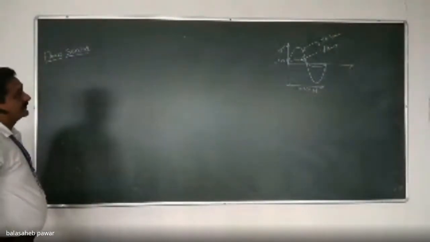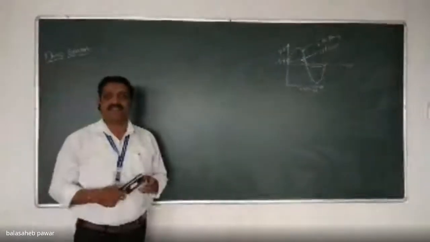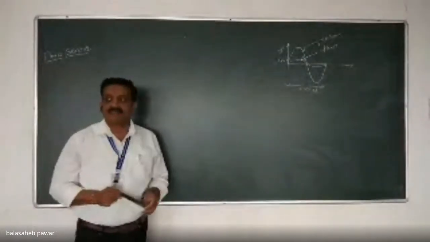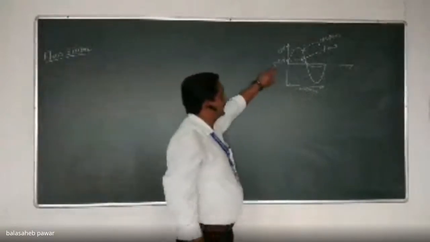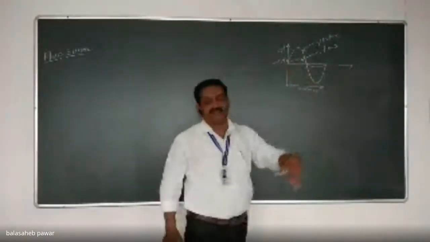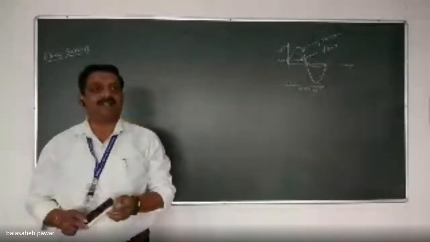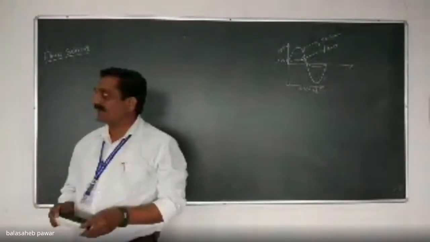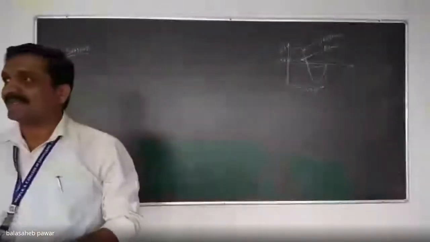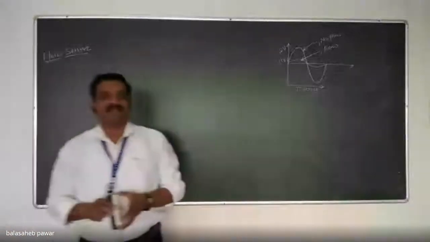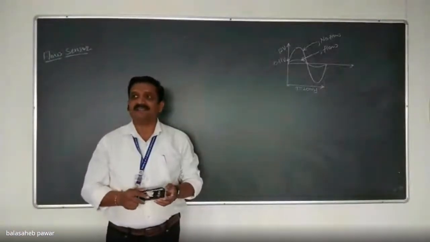Now, no issue about that 12 volt peak signal. We can rectify it by using our conventional rectifier, but the 0.11 volt peak signal we can't rectify using a conventional rectifier, and that's why yesterday we finalized we will go for a precision rectifier. And what is that precision rectifier, or how the op-amp can be used as a precision rectifier, that today we will discuss.